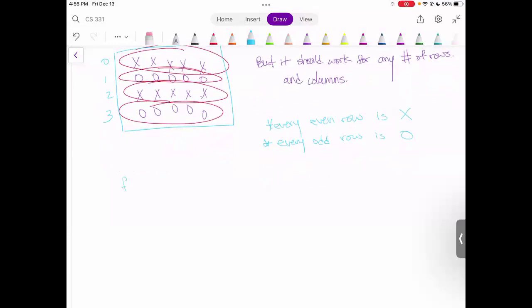We first do the for loops. And then we'll say R is the number of rows, and C is the number of columns.